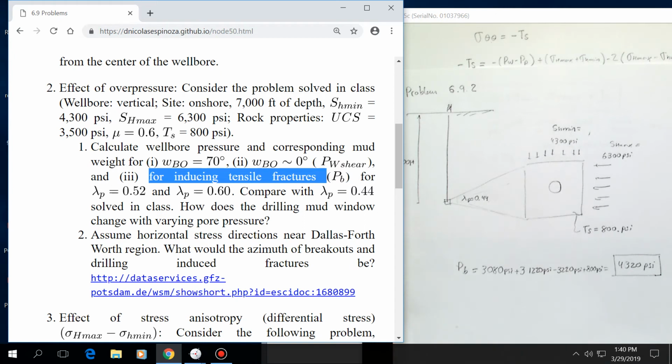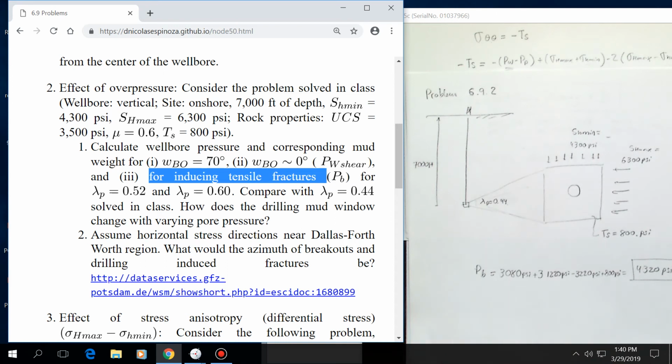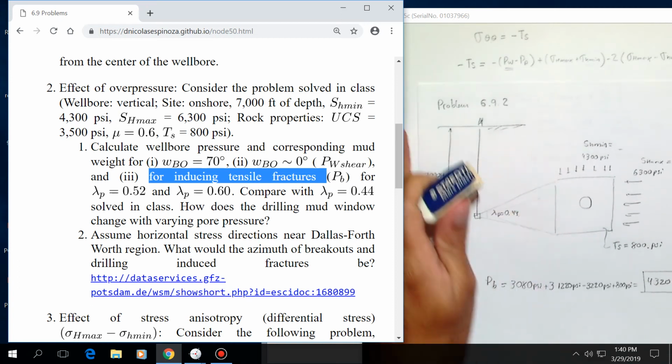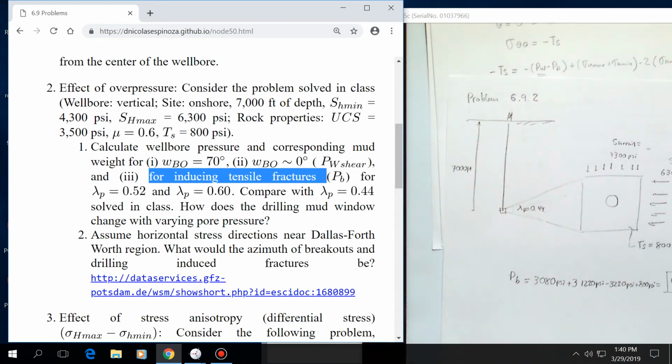So it's as easy as that. You just need to know what to calculate and how to use this data and the pore pressure data in order to calculate effective stresses. So for the homework, you're going to have to repeat this for high overpressure, for 0.52 and for 0.60. And what you're going to see is that as the pore pressure increases, your PV is going to get lower and lower.